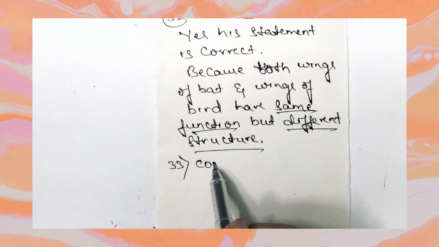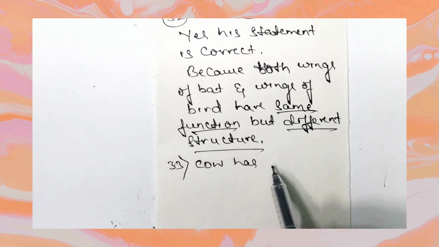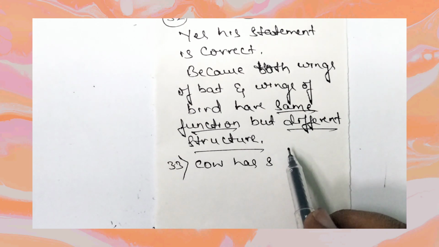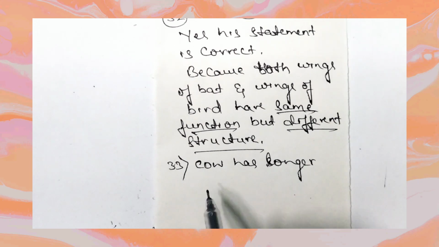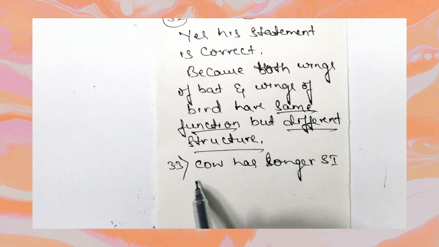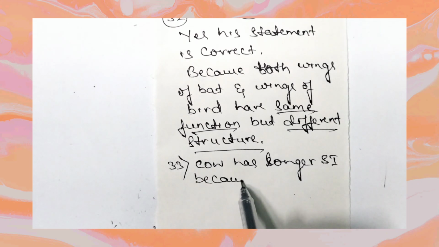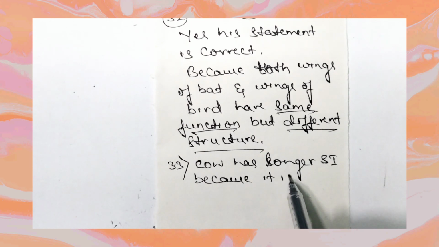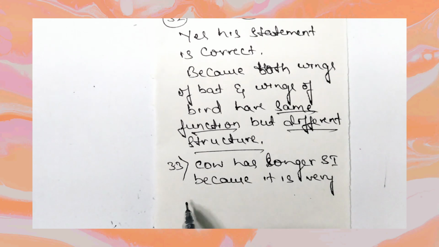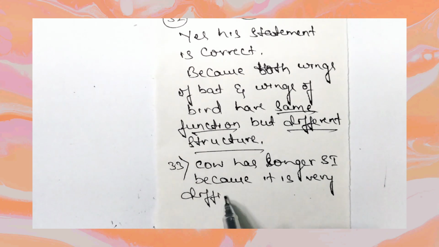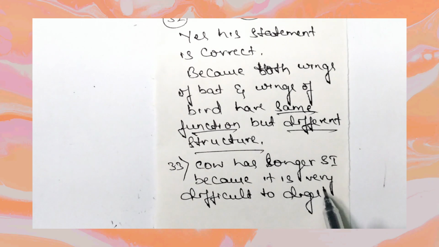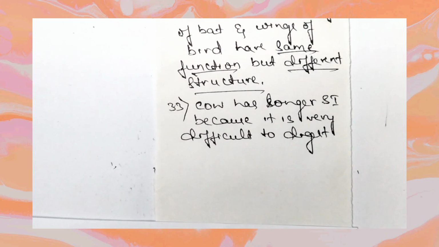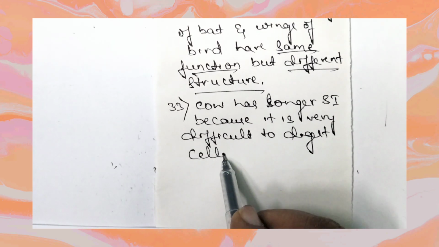So cow has longer small intestine because it is very difficult to digest cellulose.